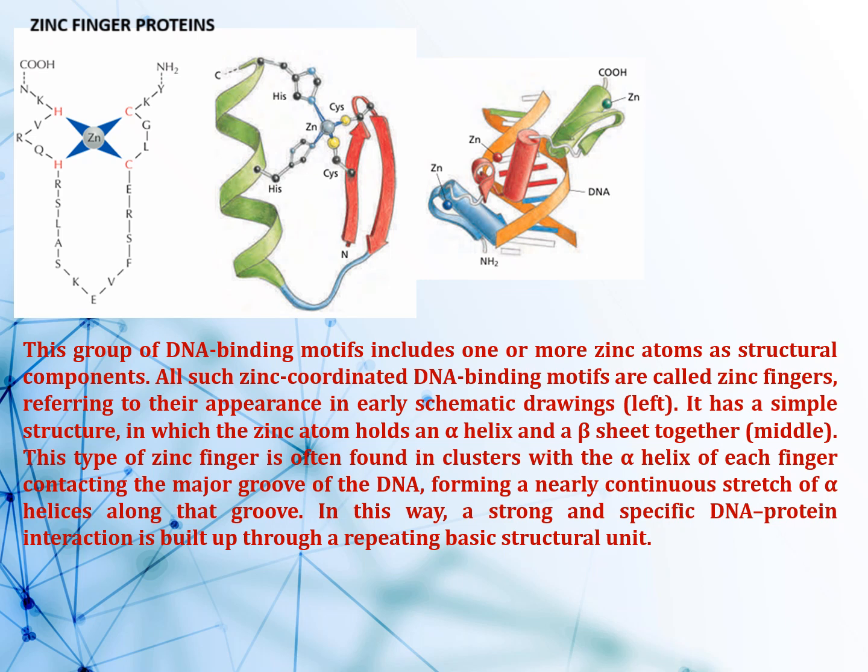This type of zinc finger is often found in clusters with the alpha helix of each finger contacting the major groove of the DNA, forming a nearly continuous stretch of alpha helices along that groove. In this way, a strong and specific DNA protein interaction is built up through a repeating basic structural unit.